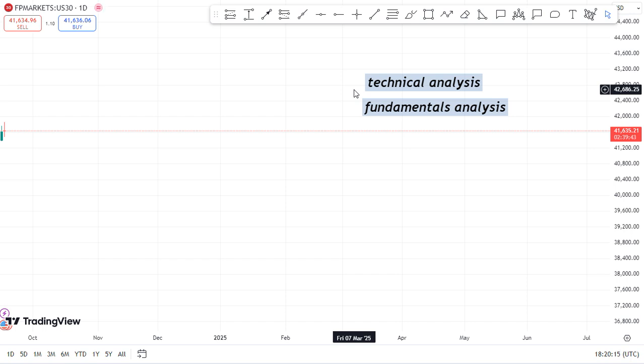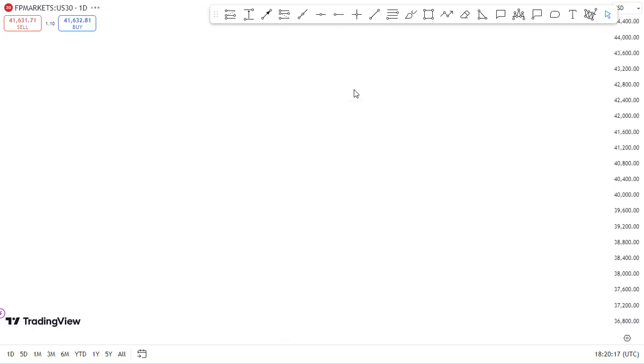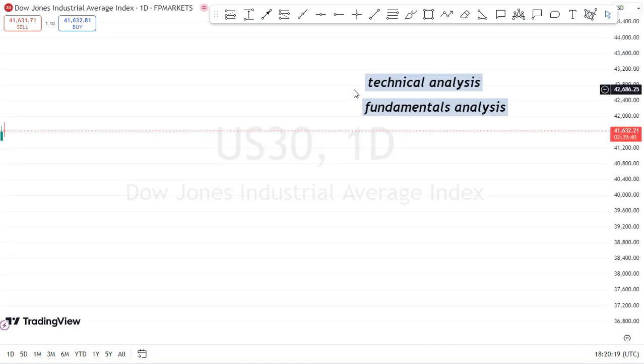And then there's index. Index is like US NAS 100, US 30, German 30, and so on. US 100 is the 100 top listed companies in the US. We talk about Apple, Google, Facebook, Twitter, and so on.